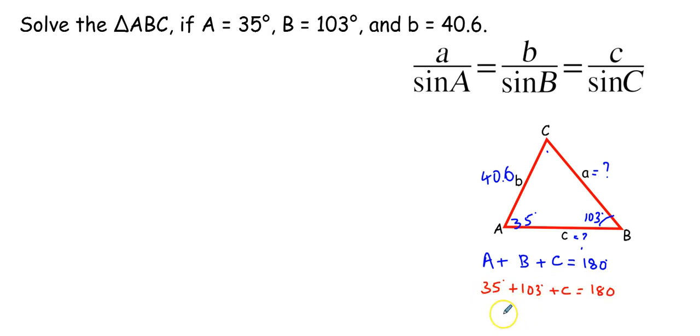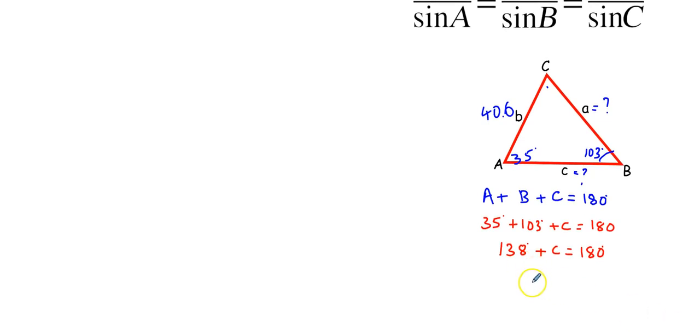So 35 plus 103 is 138, plus C is equal to 180 degrees. Now to get to C, I'll take away 138. 180 minus 138 gives you angle C is equal to 42 degrees, I think. Is it right? Yeah.